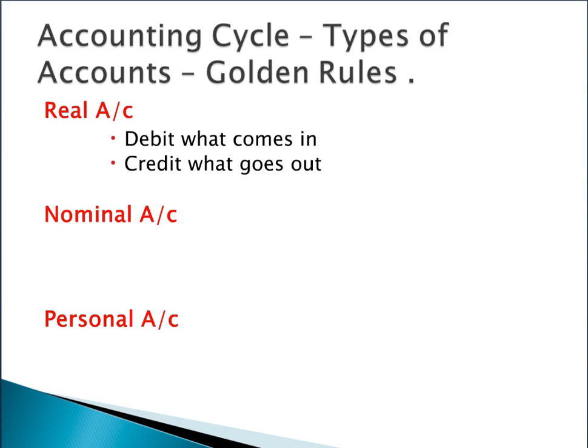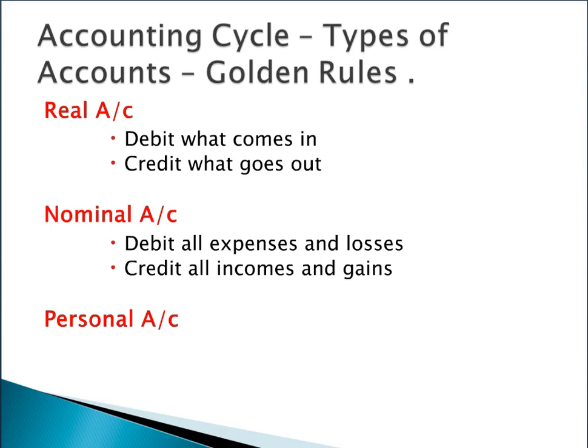Next, in nominal account, the golden rule is debit all expenses and losses, credit all incomes and gains. In personal account, the famous golden rule is debit the receiver, credit the giver. Please, each and every one of you, it must be in your subconscious, not by heart. It must be part and parcel of your soul.